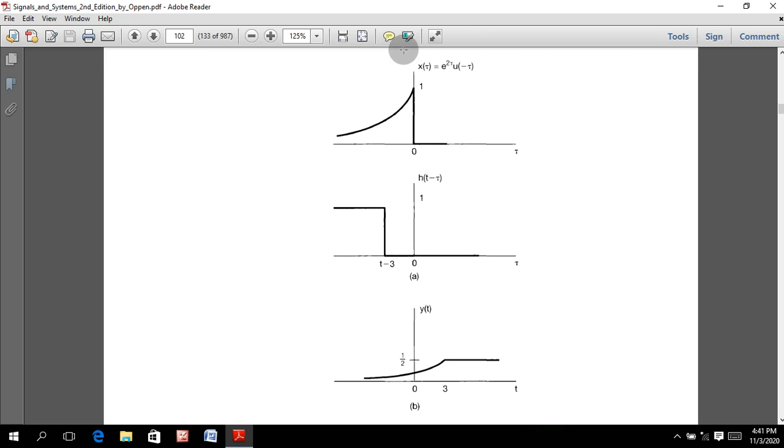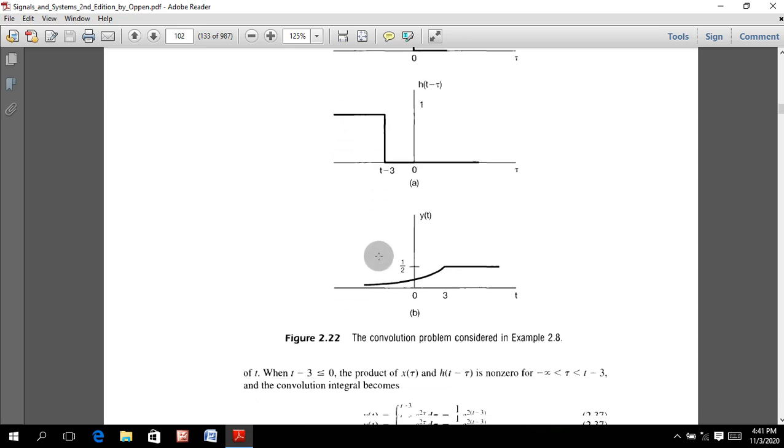But in this specific example, we have overlapping of the input signal and the impulse response. So when we multiply both of them with each other, we will find a non-zero element. It's an easy conclusion we can draw, right? Now we are considering the condition of the impulse response.